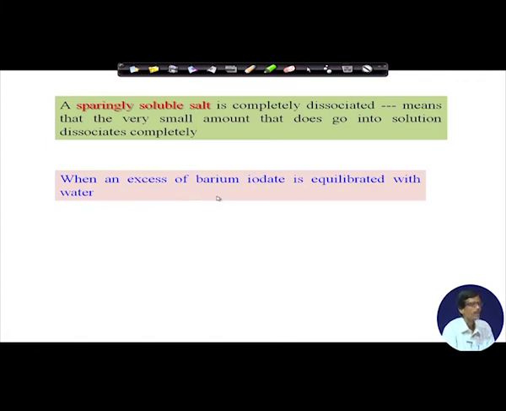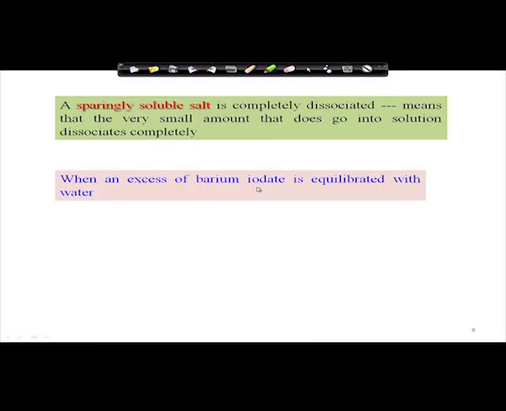So, that we will discuss in detail afterwards. Suppose we have some amount of excess barium iodide equilibrated with water. We consider this as the salt which gives us some barium concentration and some iodide concentration, which is nothing but the reverse of your barium sulfate formation.